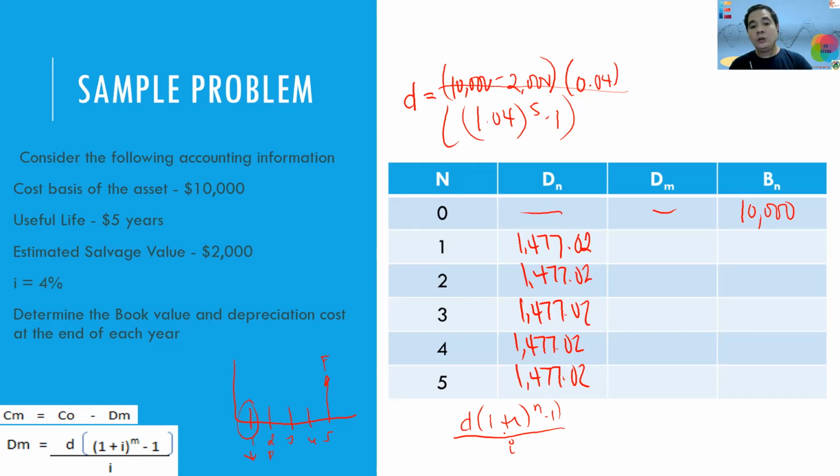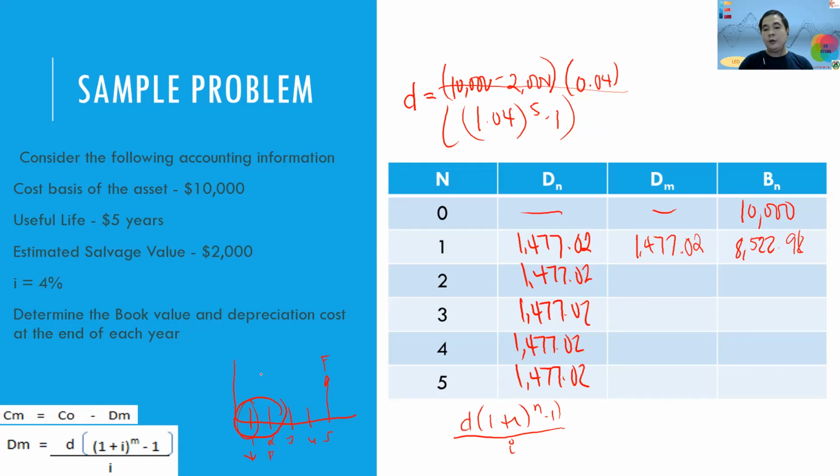Meaning, your accumulated depreciation on the first year is 1477.02. So 10,000 minus the accumulated depreciation is 8,522.98.